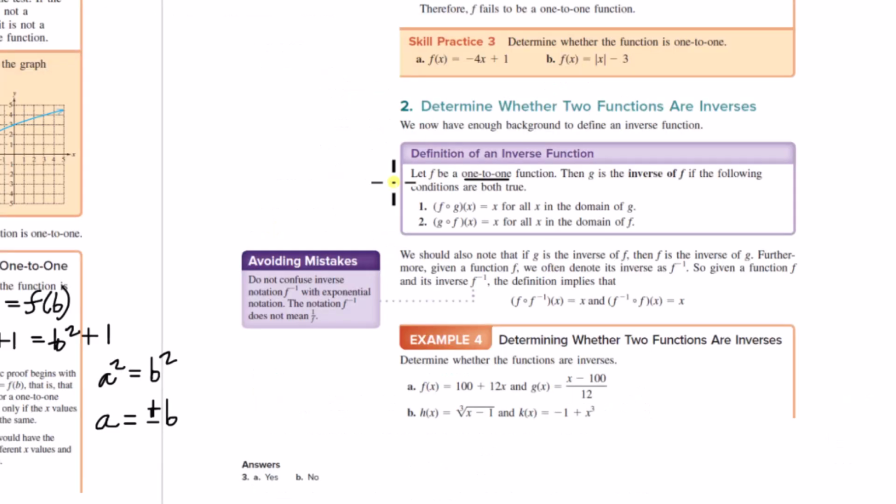So, yeah, I'm not sure if it's the case that if you find f of g of x is equal to x and g of f of x is equal to x for all x, then the only way this could happen is if f and g were both one-to-one functions.